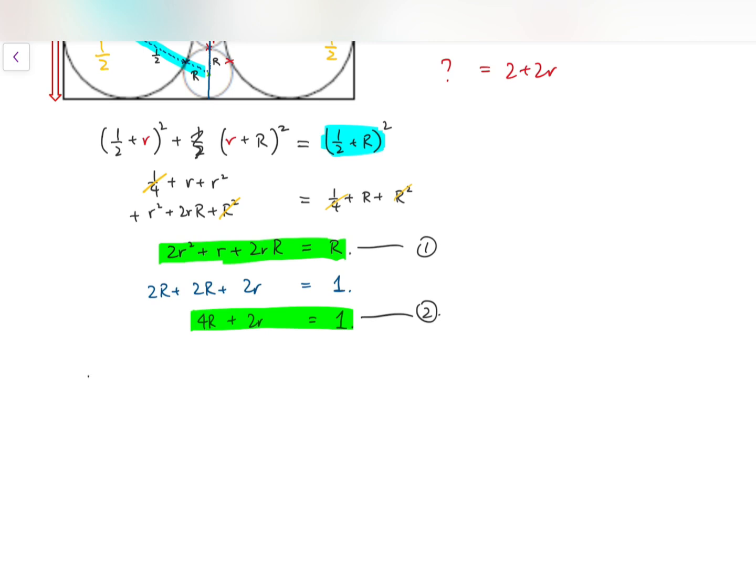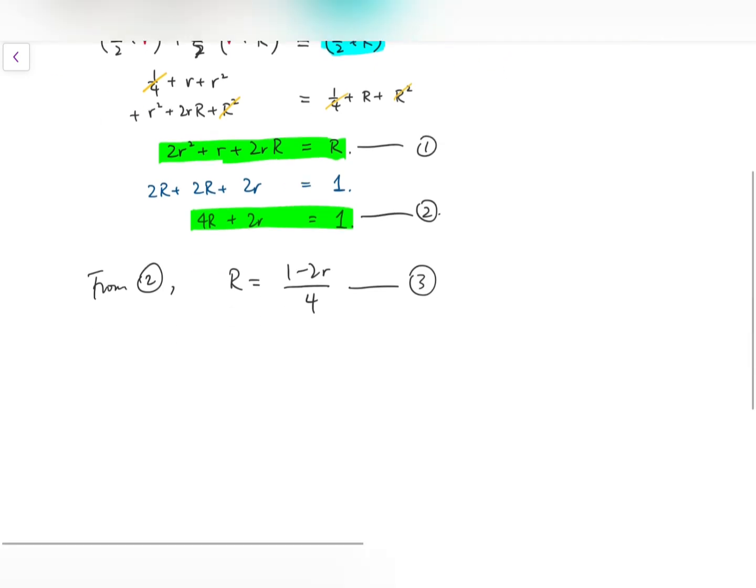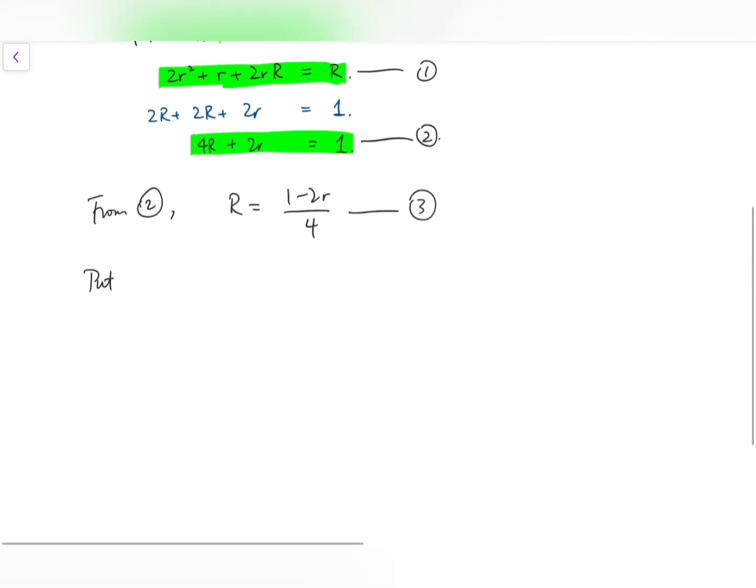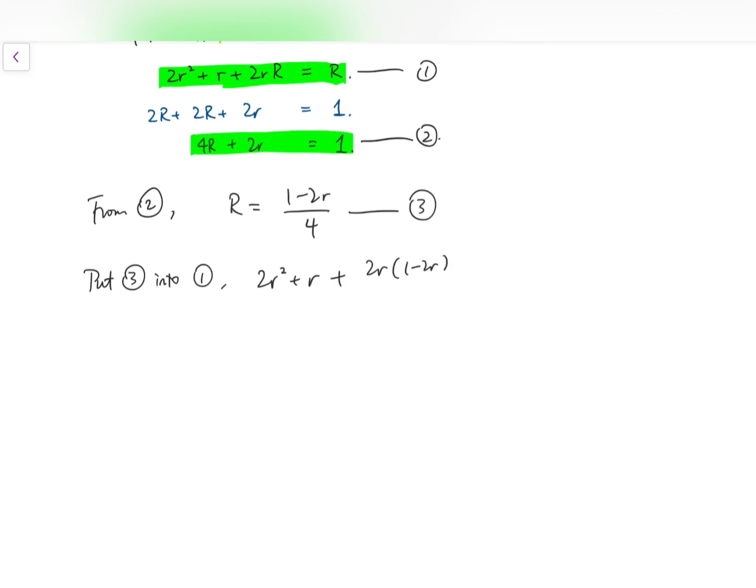So from the second equation, big R is equal to 1 minus 2 small r over 4. So that's equation 3. And I'm going to put this into the first equation. The first two terms remain the same, while for the other term, I'm going to replace big R by 1 minus 2 small r over 4.